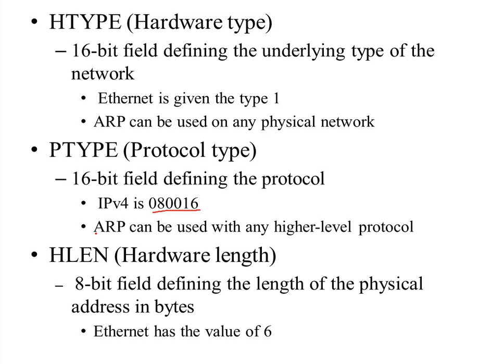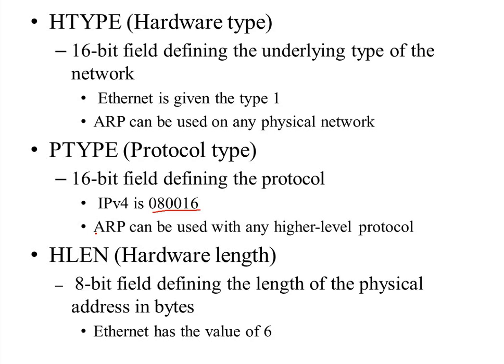Then ARP can be used with higher level protocols. We know that it is also able to communicate with TCP. So IP and TCP work together. So ARP is able to communicate with a higher level protocol like TCP.